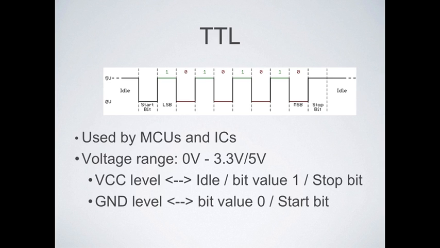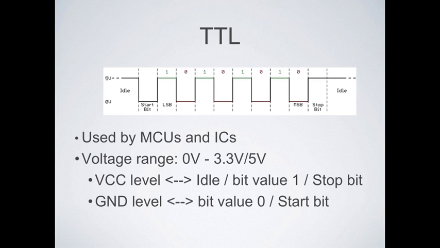So how does this look at the signal level? Well, there are a variety of ways that the serial signal is accomplished. The more popular hardware implementations are TTL or RS-232, which is probably what you're more commonly aware of.